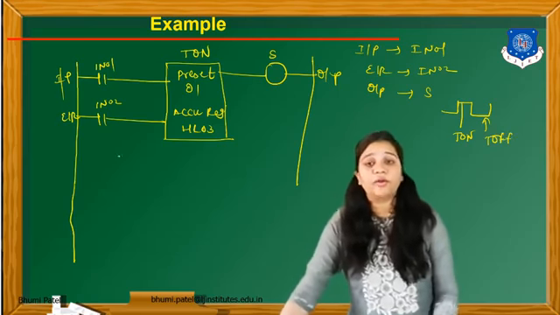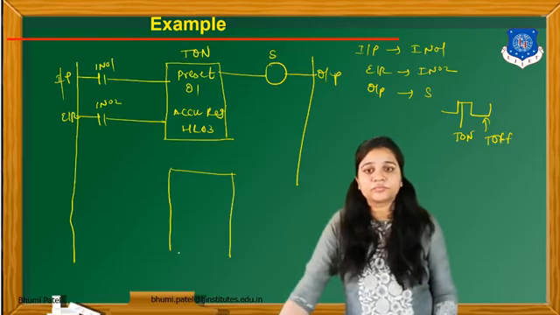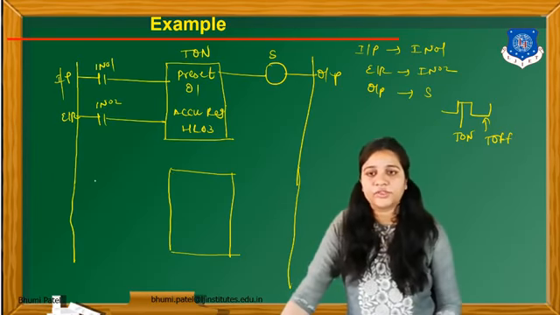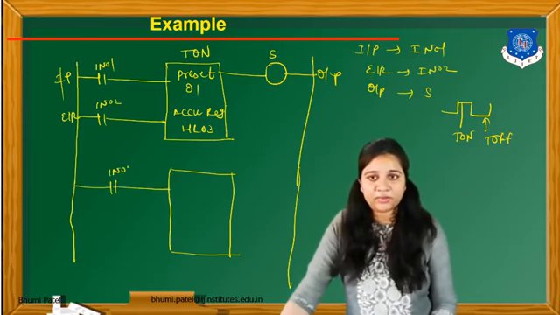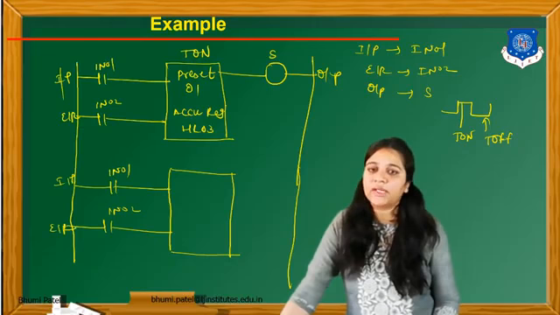So again we have to take another block for the T off logic. This is my input signal IN01. This is my enable or reset pin. This is my input, this is my enable reset.